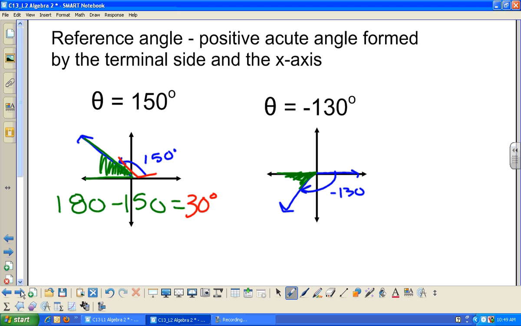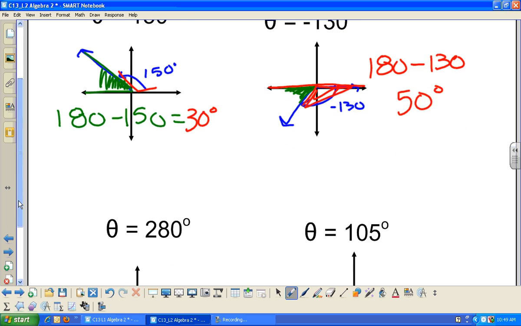So again, the angle I'm looking for and the angle given form one straight line. So if I have this straight line, if I want to get rid of the negative 130, I'm going to do 180 minus 130. Because 180 is the full straight line, and if I take away the 130, that will give me the green angle, which would be 50 degrees. Your reference angle should always be positive.